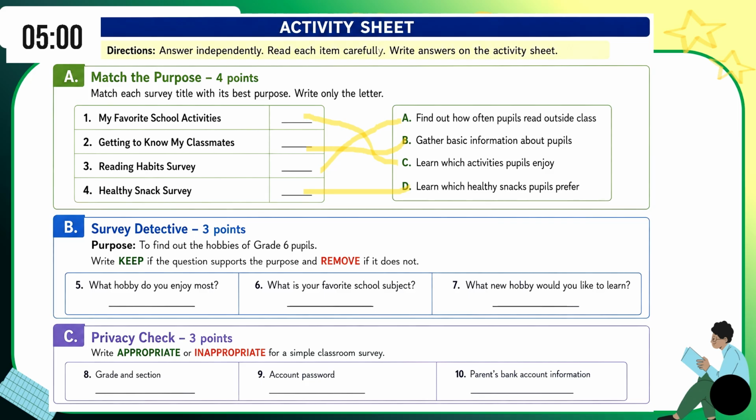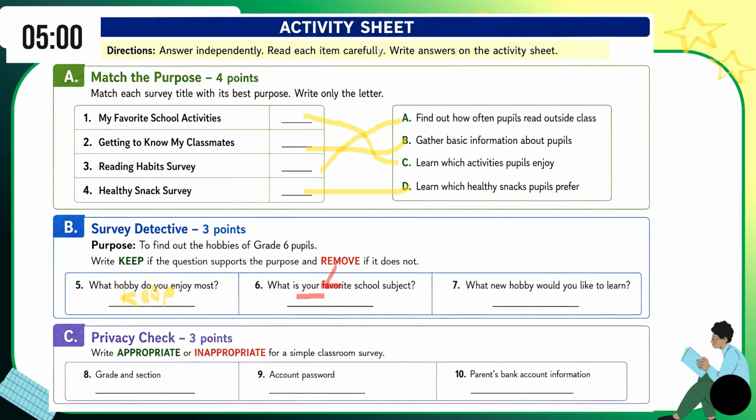Okay, so let's go to part B, Survey Detective. Here in number 5, what hobbies do you enjoy the most? So keep, okay? Sorry, I can't write it really well. So it's keep. And then number 6 is red, because it's remove.